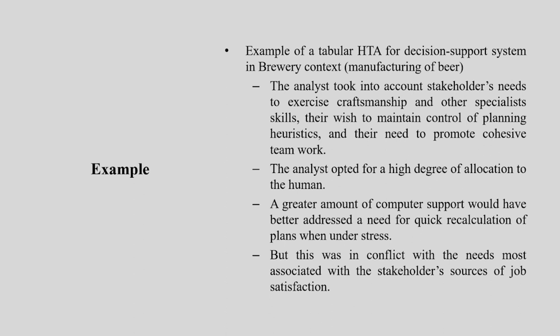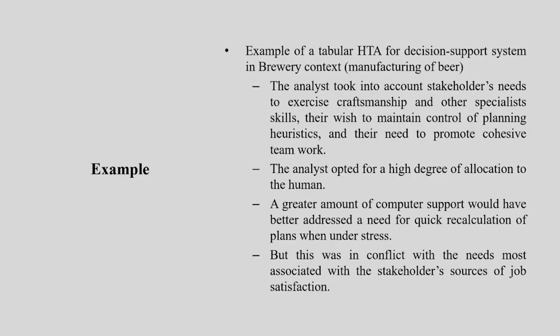If something is under stress, recalculation is very much possible if things are mostly controlled by the computer, whereas it may be the opposite if controlled by the human. But this was in conflict with the needs most associated with the stakeholders' sources of job satisfaction, because stakeholders have less control over the whole activity. The stakeholders here will mainly be the operator.